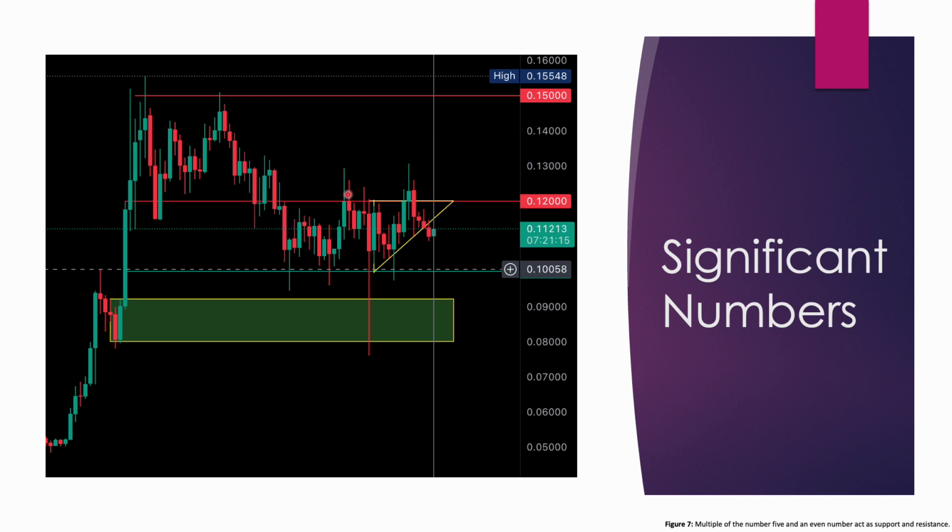At the 12-cent level, which is an even number. So 15, 10, and 12 are all psychological numbers, and you can see how they work in trading. So significant numbers shouldn't be ignored because they pertain to human psychology.